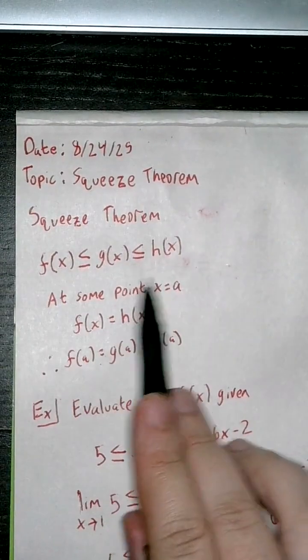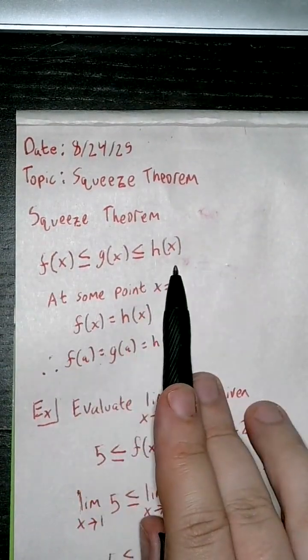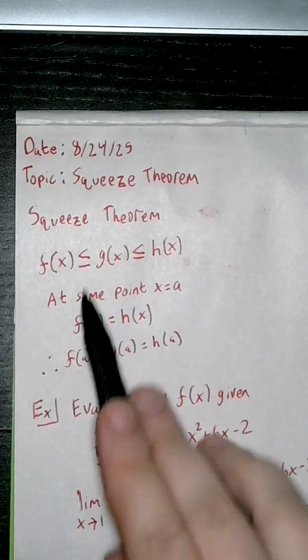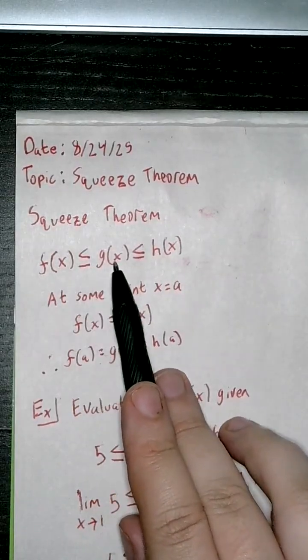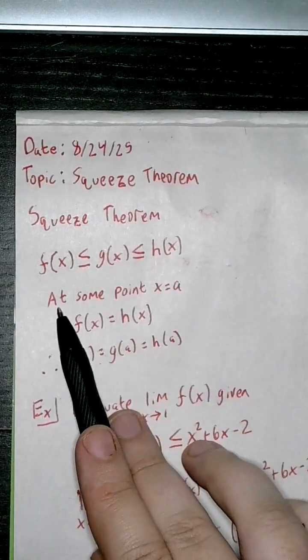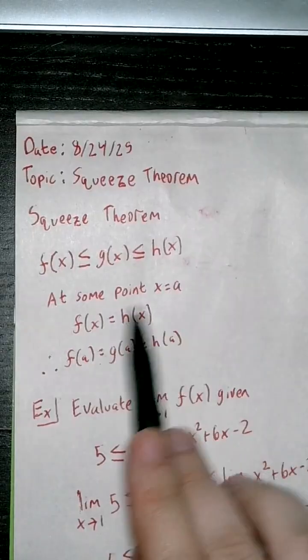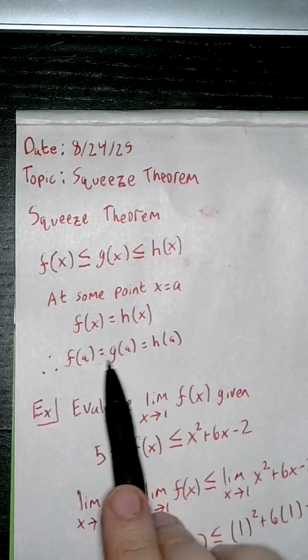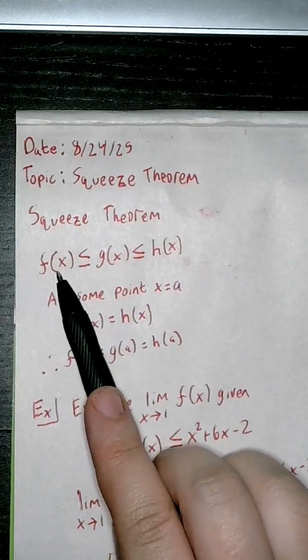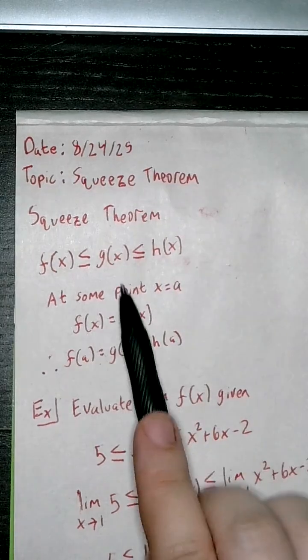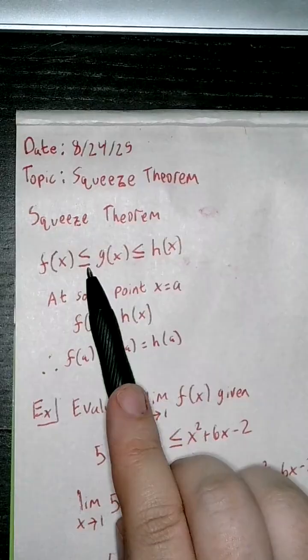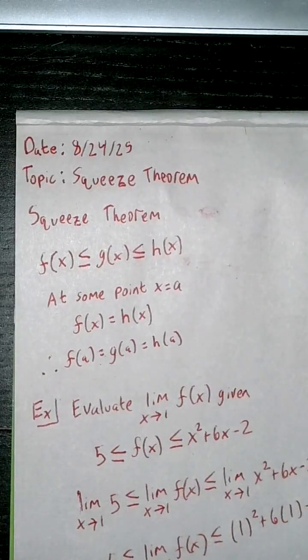So squeeze theorem says that if I have 3 functions that have this relationship, f of x less than or equal to g of x, which is less than or equal to h of x, and at some point, when x equals a, f of a equals h of a, then because g of x is always between f of x and h of x, g of x would also equal f of x or h of x at that point.